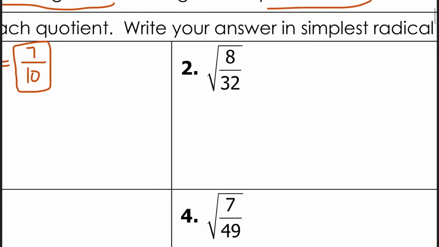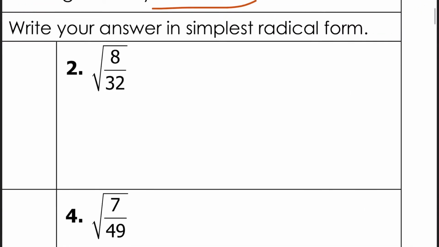Taking a look at number 2, we're going to separate the square root of 8 over the square root of 32. Okay, now the square root of 8, neither one of these numbers is a perfect square. So what we need to do then is break them both down and see if we can simplify them.